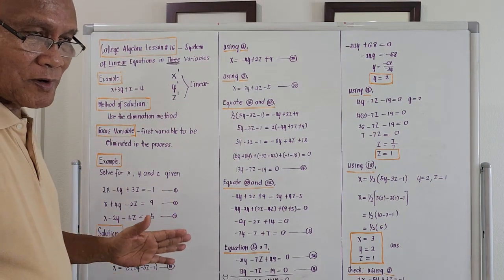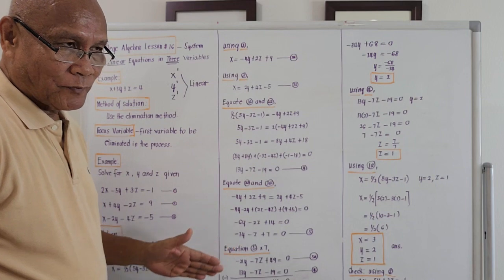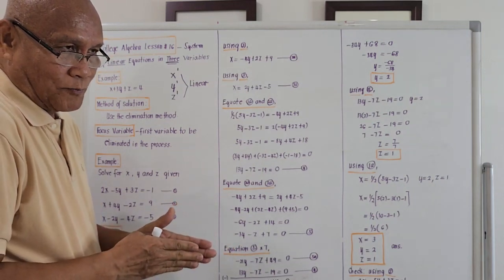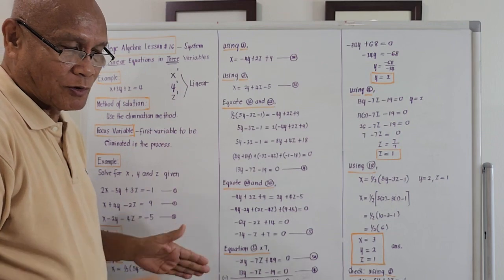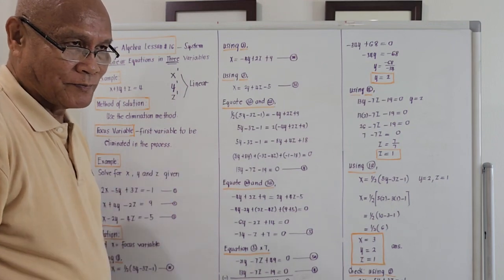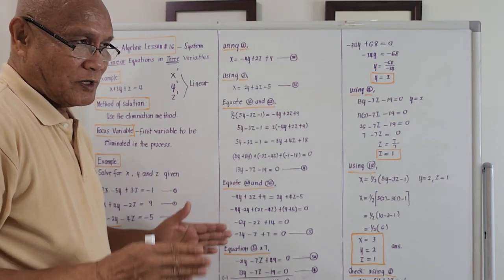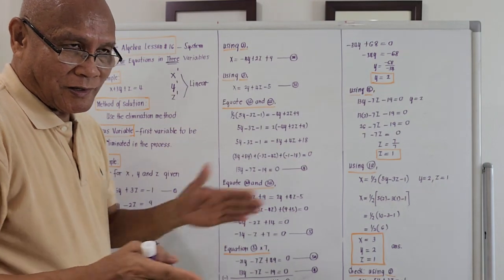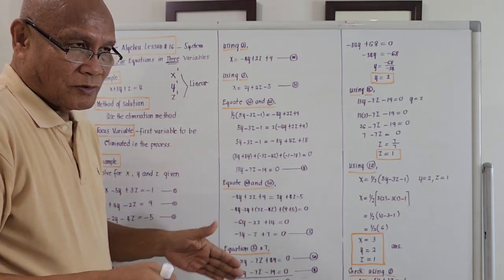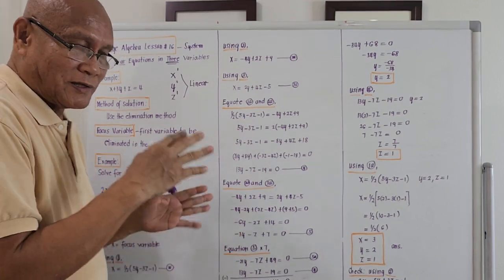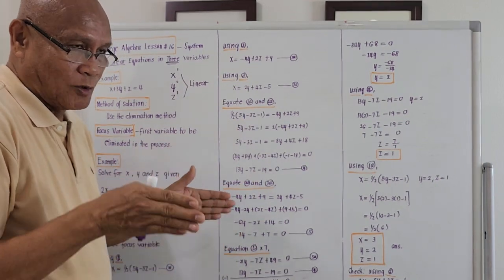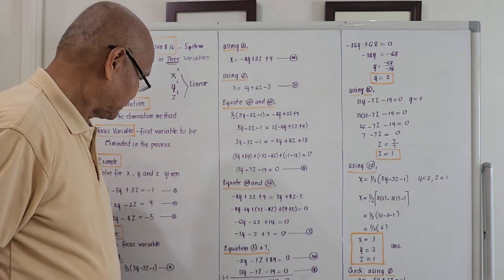Because there are problems in real life in which if we try to formulate it, it will fall under a system of linear equations involving three variables. So if you have encountered a problem like that, the solution and how to bring out the solution for that equation will be the one we will be discussing tonight.